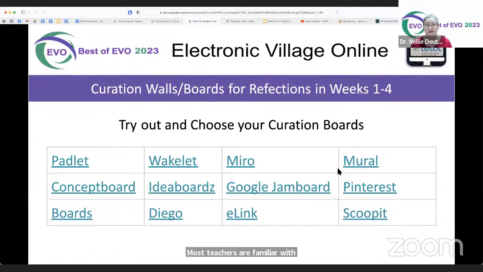Wakelet is quite popular, but Mural and Miro and Pinterest, Scoop It, eLink, Diego, which is quite old, are not as popular. Idea boards is great, by the way, because you can use it for debates and different things. Just Google it, idea boards.